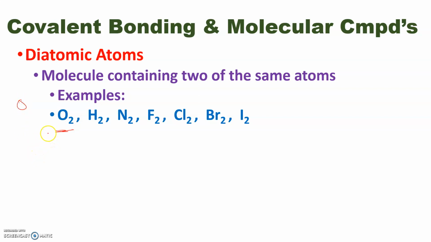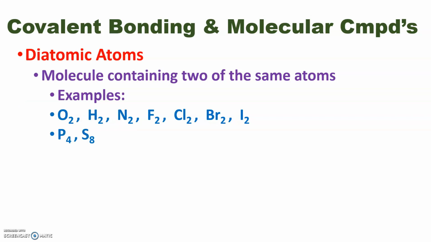If you find pure oxygen, the oxygen we breathe is actually O2. Same thing, the nitrogen that's in the atmosphere is N2. This is the elemental form of these elements. They come attached to themselves. And it's super important to remember them.